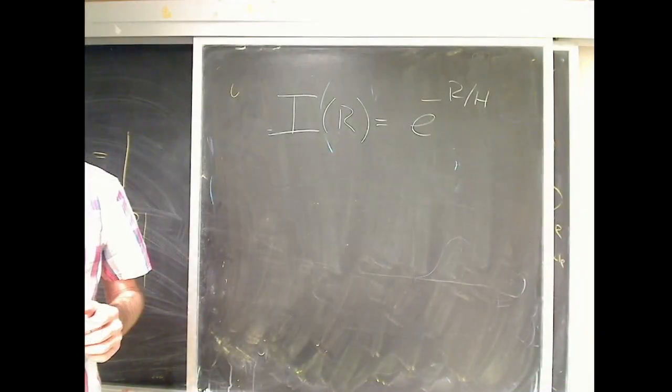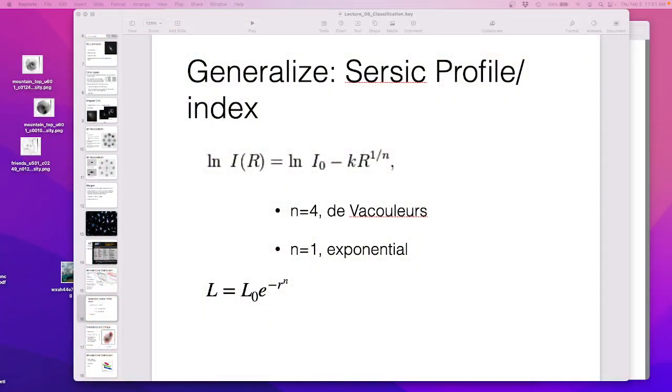But for elliptical galaxies, we have a different profile that I haven't talked about yet, but it kind of goes like the lower one, e to the minus r to the what? 4. So this is e to the minus r, and this is e to the minus r to the 4th.